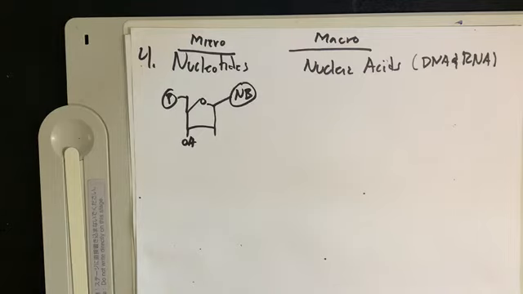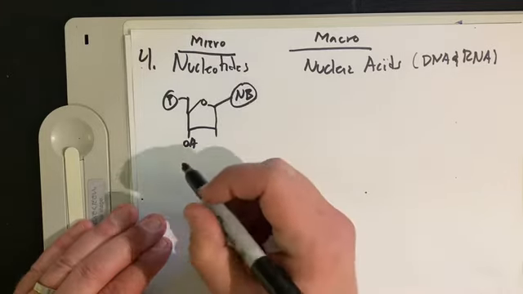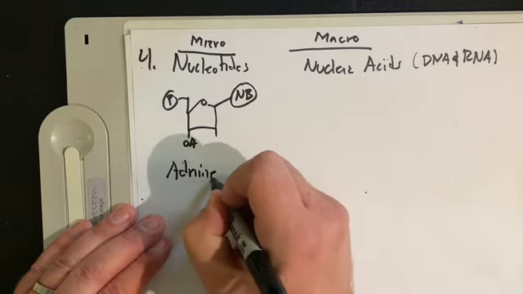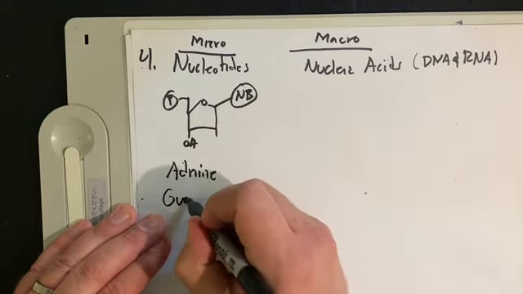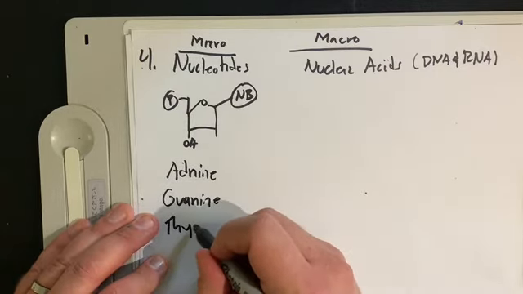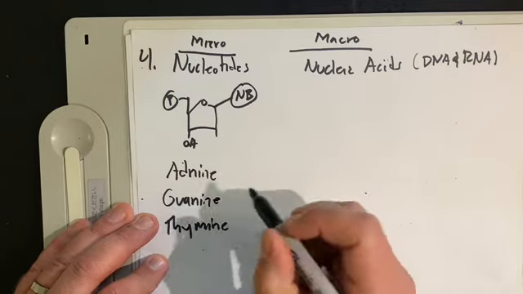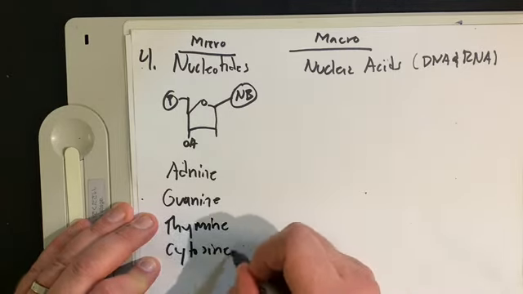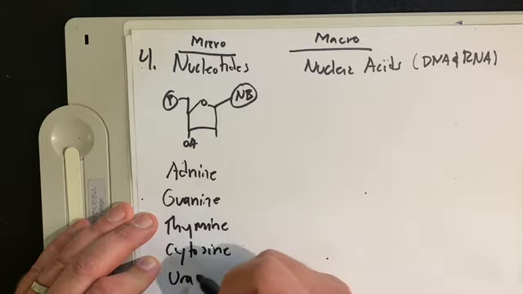So that's a nucleotide. And in our genetic material, we have 5 different nucleotides. We have what we call adenine, guanine, thymine, cytosine, and uracil.